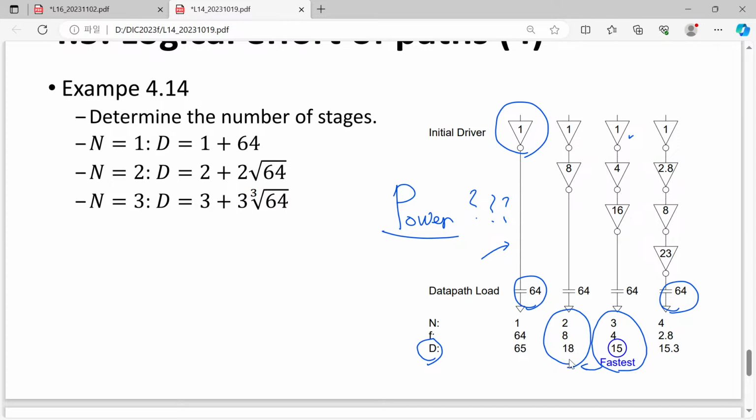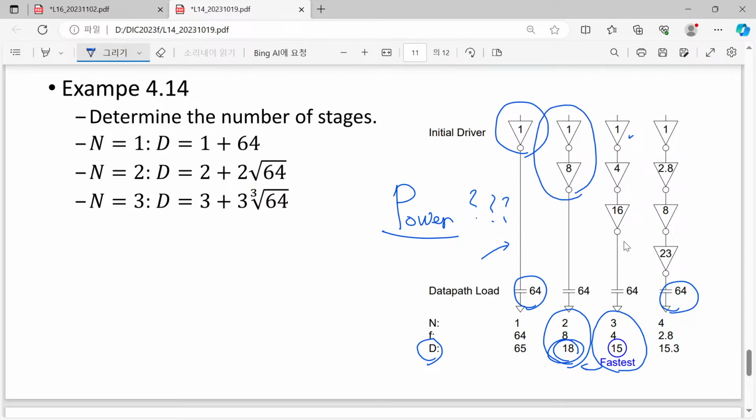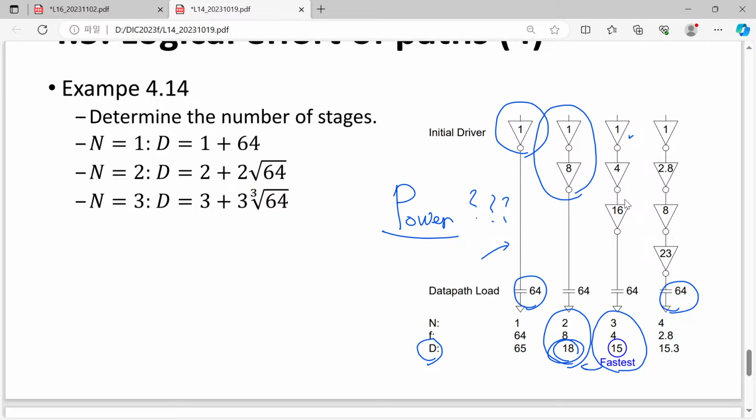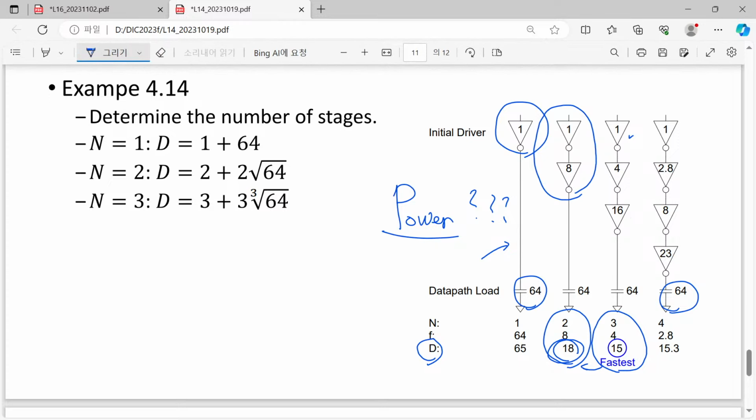This is not very optimum in terms of delay. However, it has clear advantages in terms of power consumption. So although delay is important, delay is not the only important quantity. We have other quantities to be considered in realistic cases.